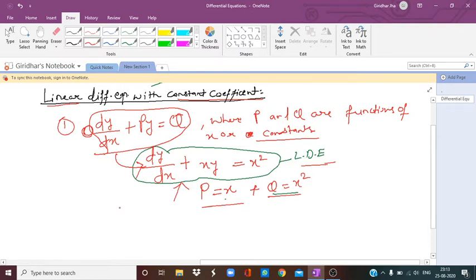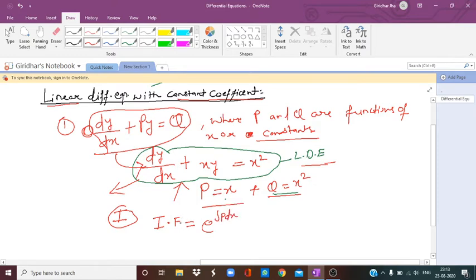What happens? There are steps. The first step to get the solution of such a differential equation is to calculate the integrating factor, which is e to the power integral p dx. P is x here.